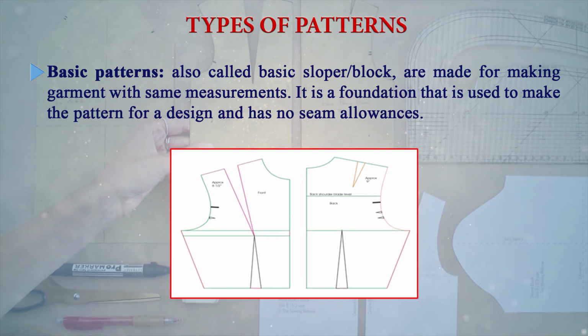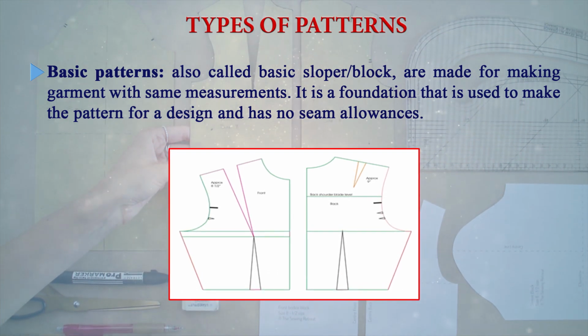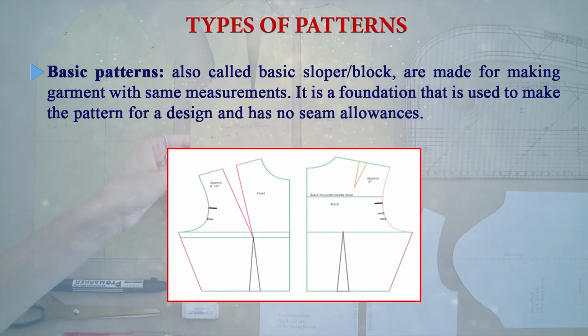It is the foundation that is used to make the pattern for a design and has no seam allowance. This is just the basic, the fundamental and the foundation, the primary stage of the pattern we are making. It has no seam allowance and no ease added in the pattern. It is just the body measurement or the standard measurement we are using to create the garment.